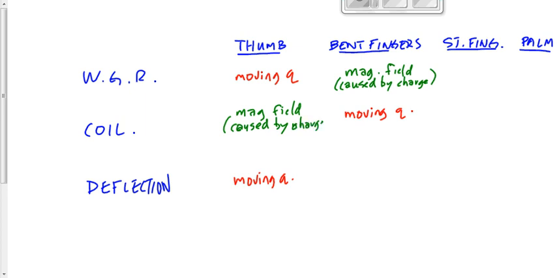In the deflection rule, we don't use bent fingers. We use straight fingers, and that's going to point in the direction of the external magnetic field. Not the field that's caused by the moving charge, but the external magnetic field.